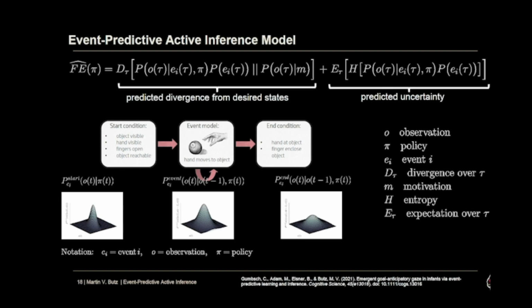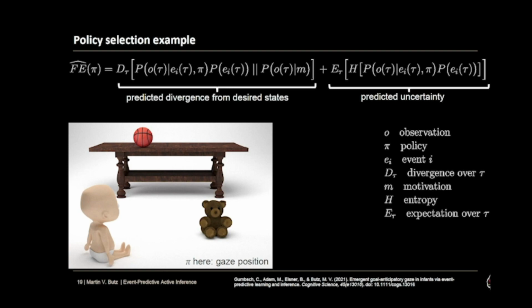So the density over ending situations, essentially, given I'm in the current event E_i, pursue a particular policy and perceive the current observation O. And with this model now, I have segmented my event structures. In this case, the segmentation was still given in advance. We use this to control our behavior.